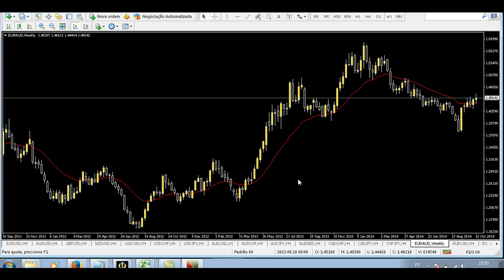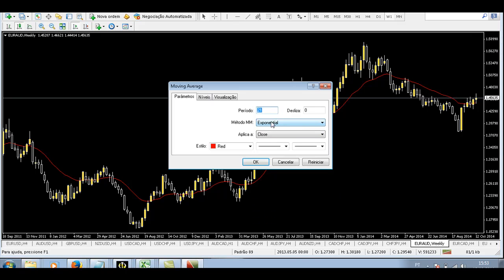Well, we have a lot of theories about how to identify a trend with precision, but precision is not possible. But I can show you a technique where the probability of being right is really great. So we have the 21 moving average in MetaTrader.